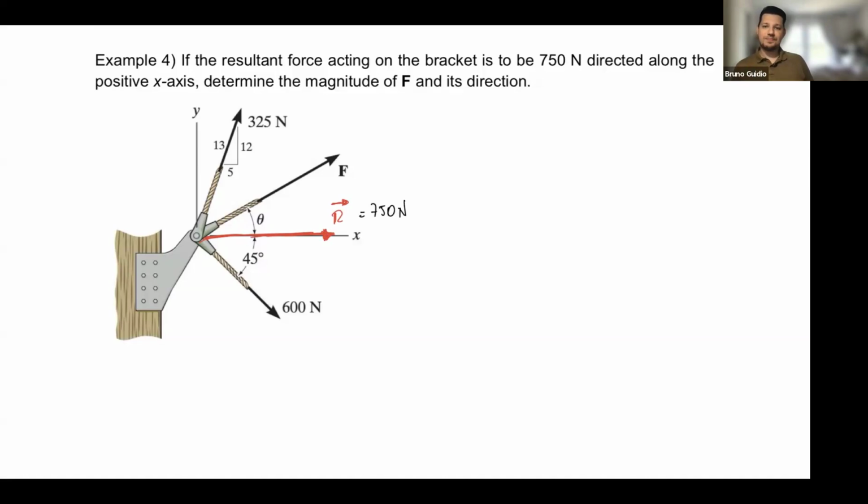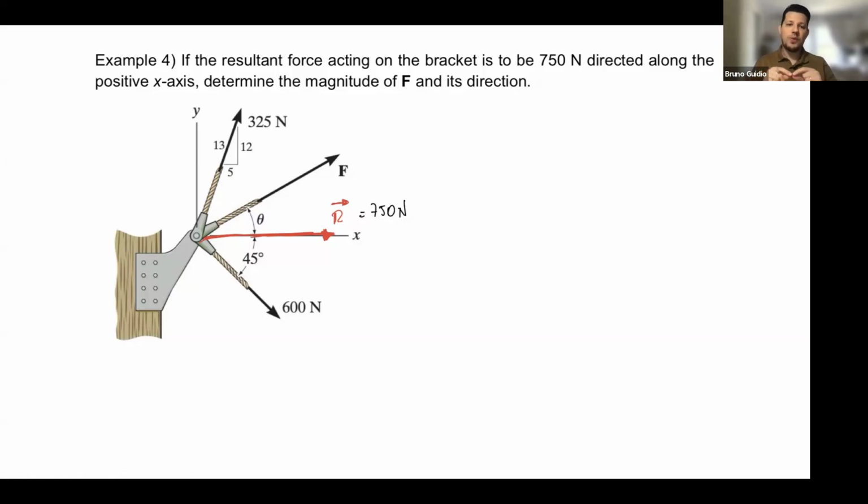Now he's asking not the resultant, because the resultant is given to you. He's asking about this force F. What should be the magnitude and direction of F so we have this resultant? It's a little bit different, the question here. The approach is kind of the same, just the question is a little bit different.